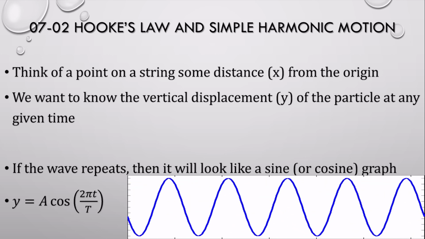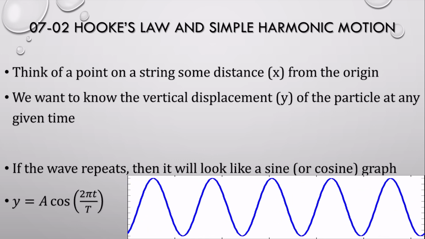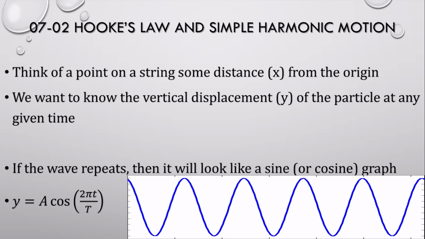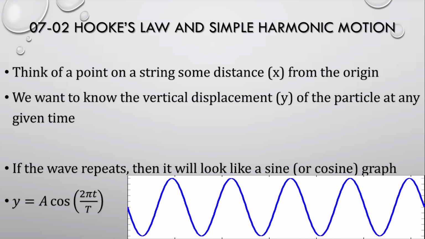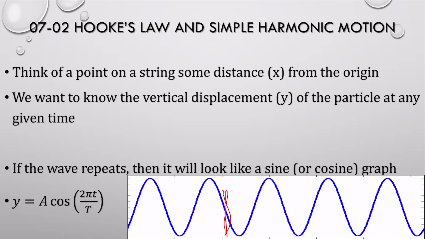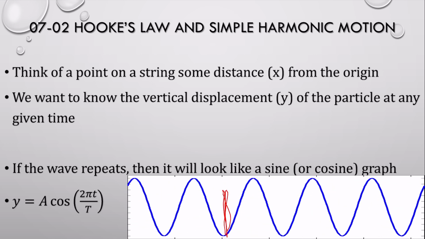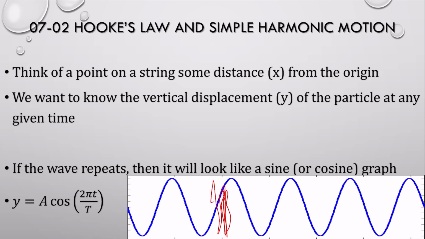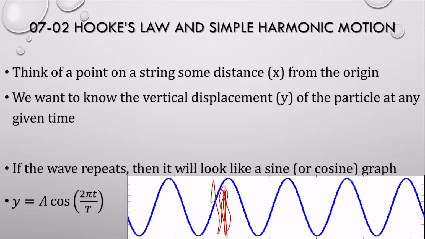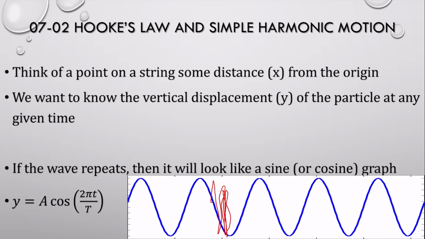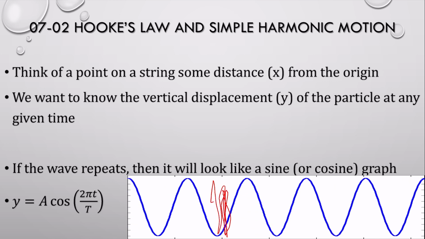They happen to use cosine in our book. y equals A cosine of 2 pi t over the period. If we look at one point on the wave, it goes down and then back up, down and back up, down and up. And as it passes along, we have that nice sine or cosine wave graph.